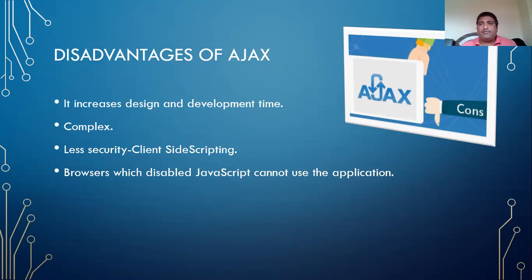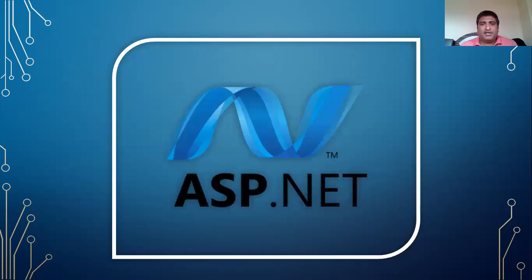It's less secure because we are using the client-side scripting language JavaScript, so it is less secure than server-side technology. Next one is that a browser which has disabled JavaScript cannot use the application. That means in some browsers there is a functionality to stop JavaScript code. If it is disabled, the Ajax technology will not work. So these are some disadvantages of Ajax.